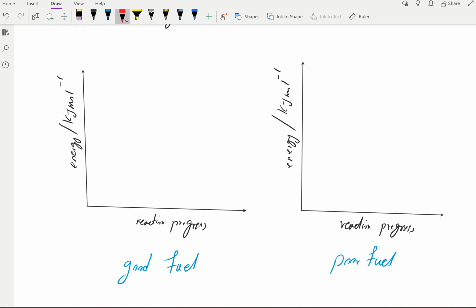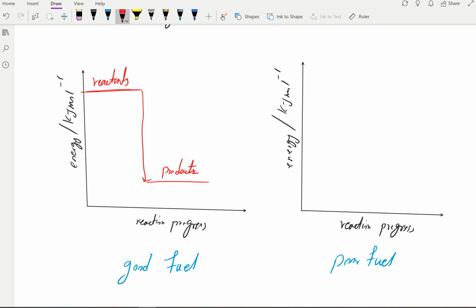So that's why the energy level of the reactants is higher than the energy level of the products for both of these fuels. So for a good fuel, if the energy level of the reactants is here, the difference between the energy level of the reactant and product is very big. So it releases a lot of energy for 1 mole. Here we have reactants, and here we have products.